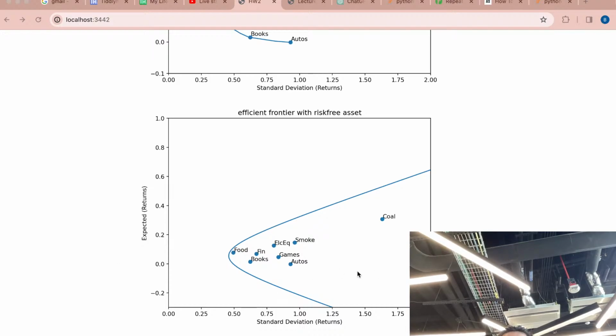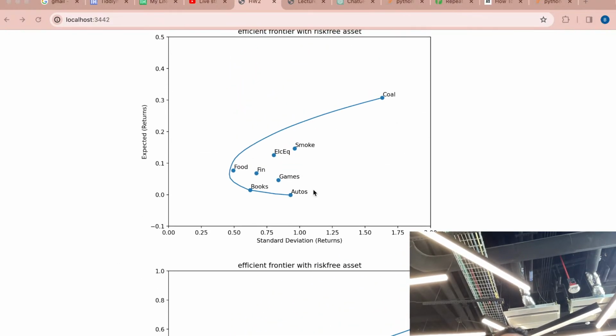So we do have the possible portfolios that you can make with the basket of stocks. Now it's a question of when you add a risk-free asset, how does your efficient frontier look? And so what is our risk-free rate?